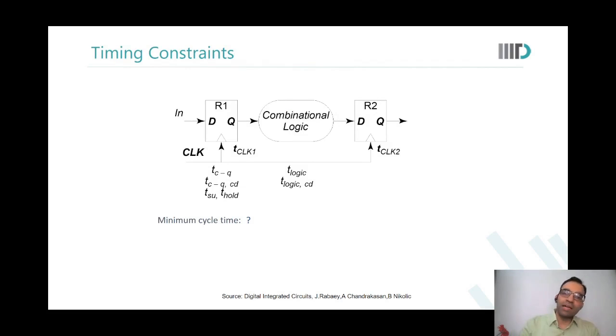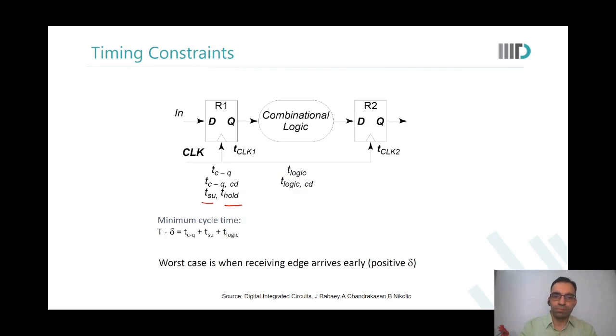Let us say that I have timings like TCQ propagation, TCQ contamination, T setup, T hold, T logic contamination. What is the minimum cycle time that you can keep in this system? T clock to Q plus T logic plus setup. Yeah, what we say is that the next edge could be coming after a negative skew.